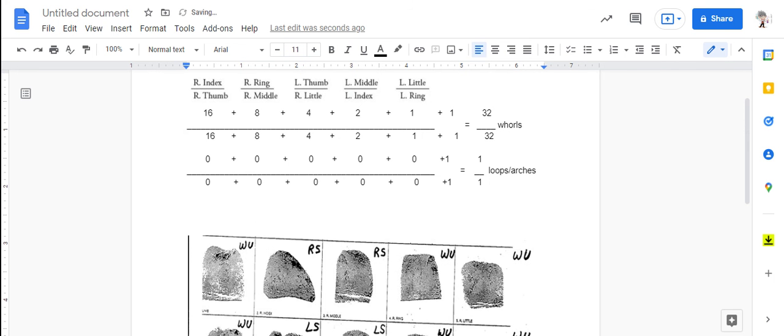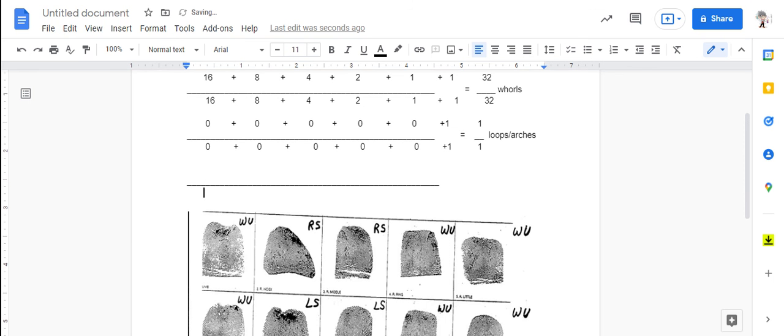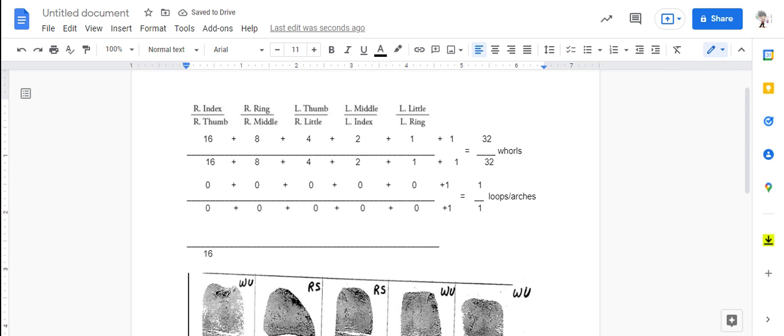So I'm going to hit enter here and draw our line, and that one is going to go on the bottom, and it is a whorl. We can see a whorl at the top of the print, so it gets a 16 because it is the right thumb, and the right thumb gets the top part there.